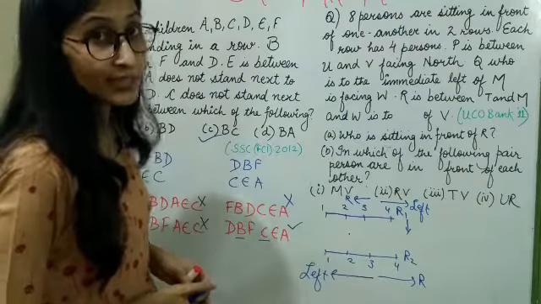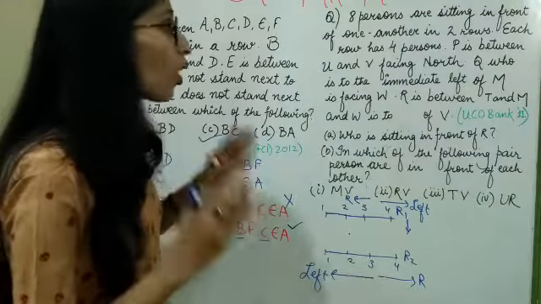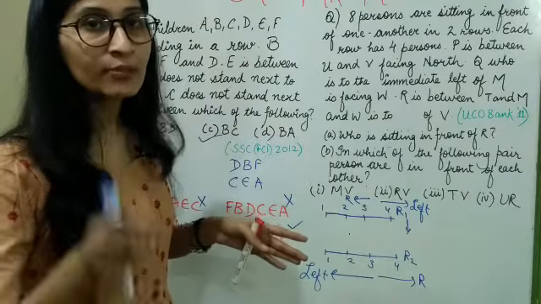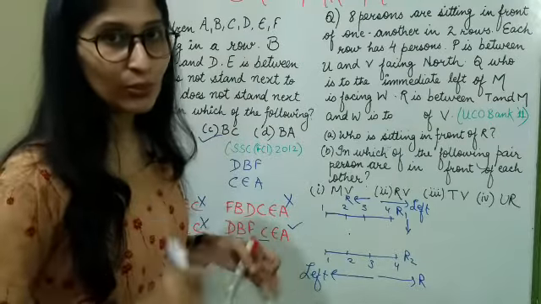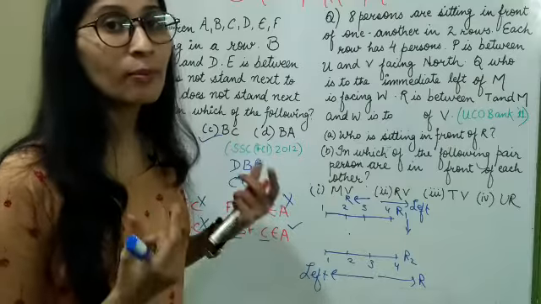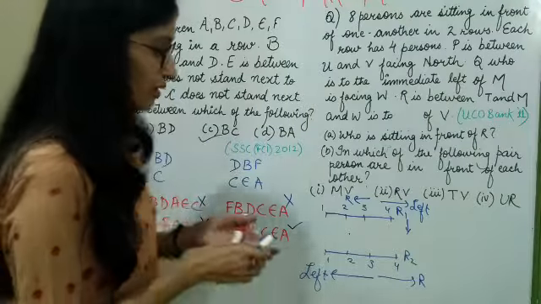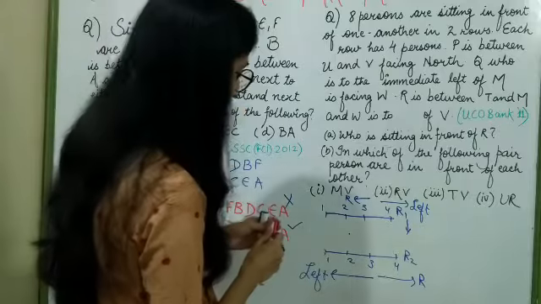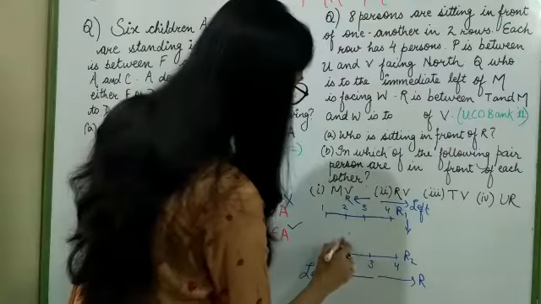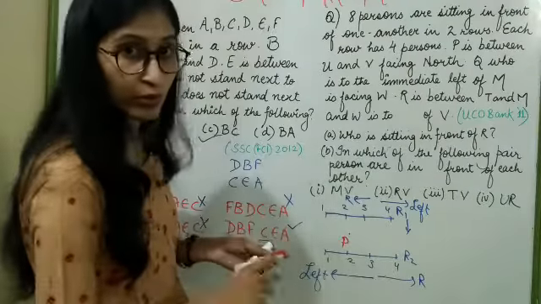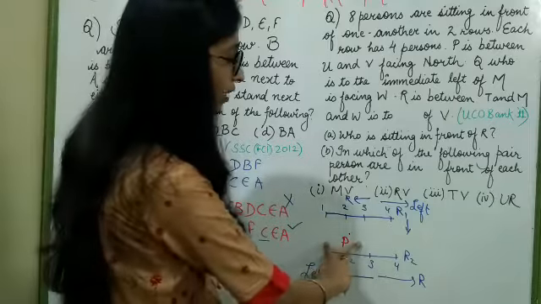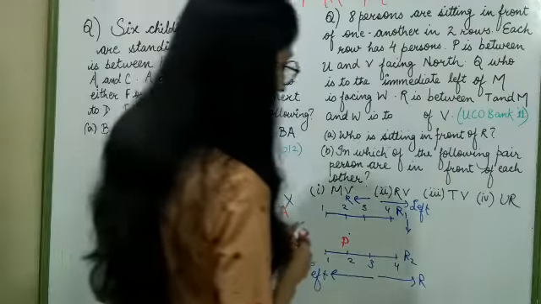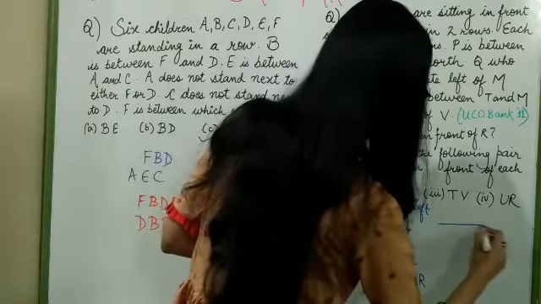Now the order can be either U, P, V or it can be V, P, U. We are not sure about which order to use, but it is sure that P is between both of them. So P can either be at position 2 so that I can place U and V in 1 and 3, or P can be in position 3.